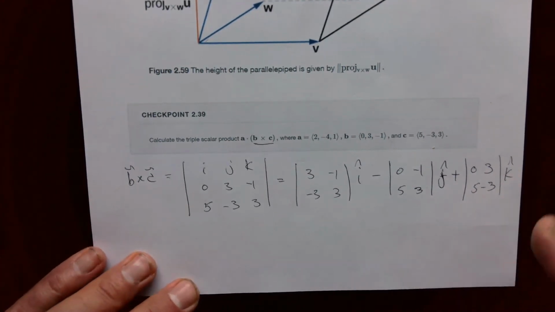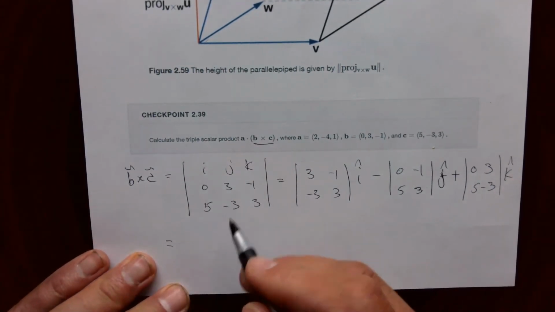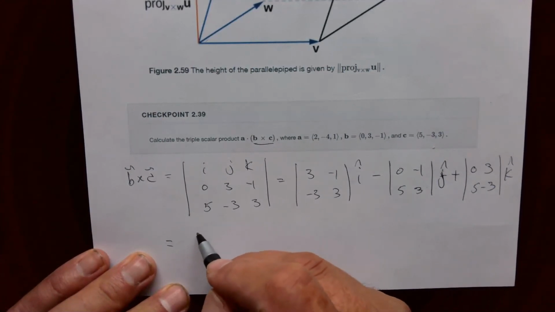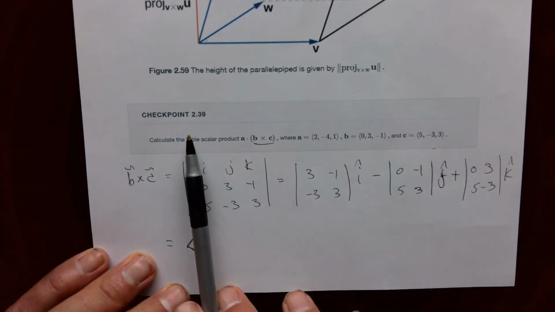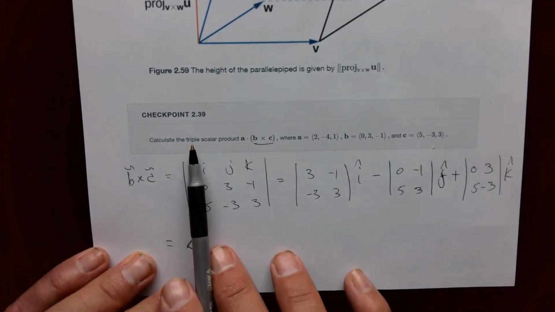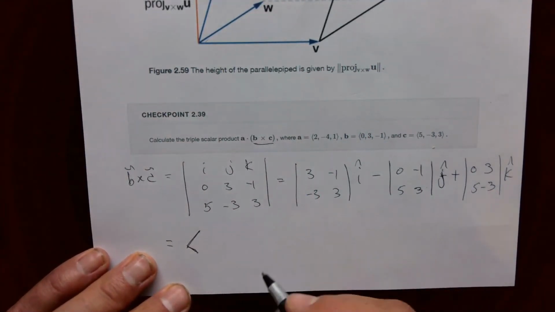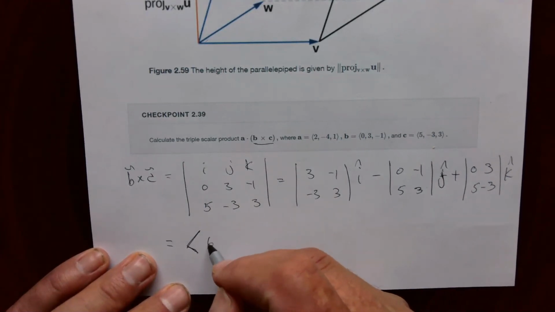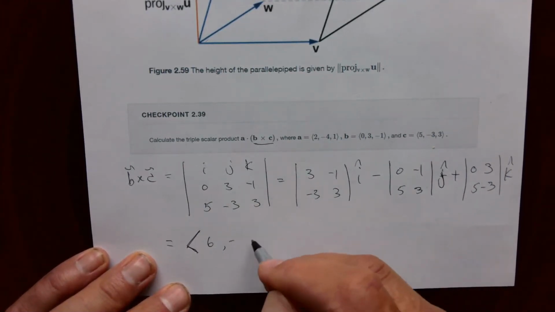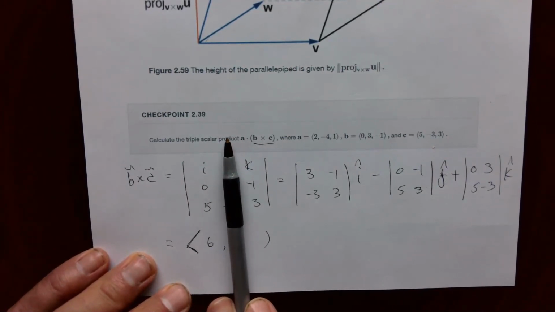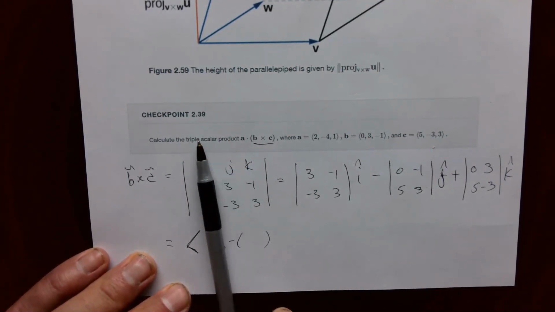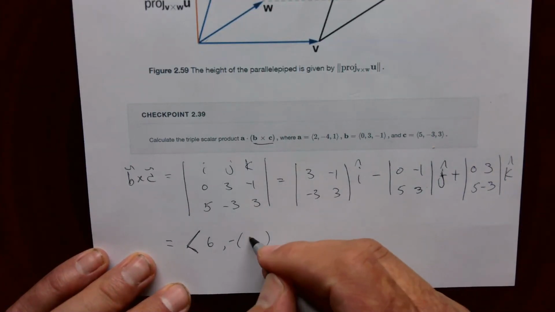Sometimes what I like to do is just go underneath this matrix and put a component down here, and then look above and cross it out. So we're going to get 9 minus -3, so that's going to be 6 in the first row, and that's going to be the opposite of what we get by looking above, crossing out that middle column. We're going to get 0 minus -5, which is going to be +5.